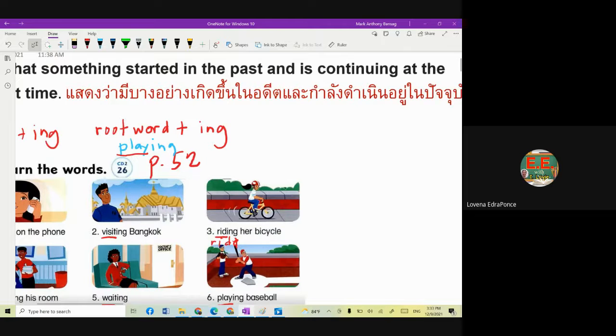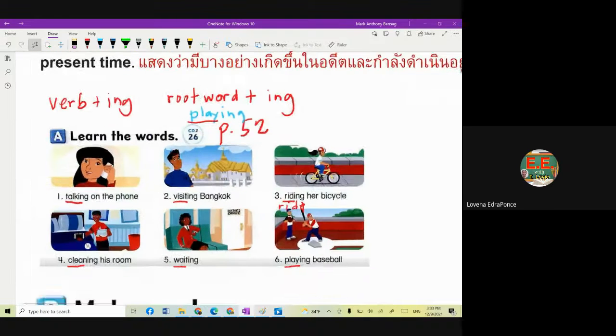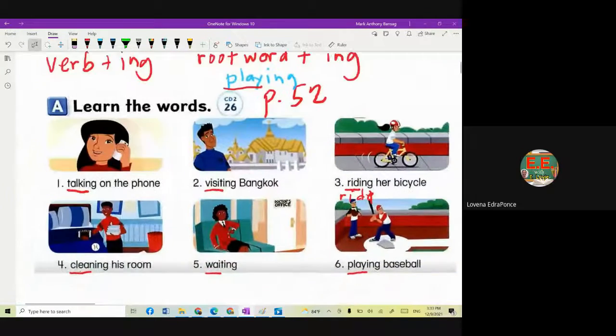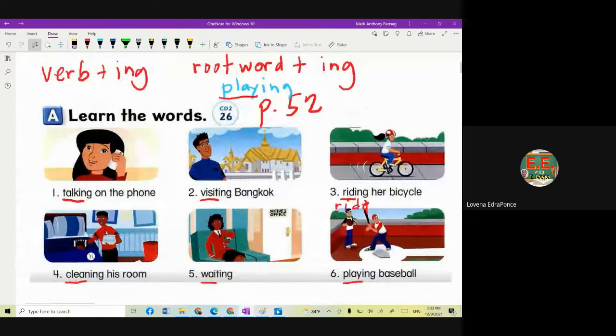So before we move on, let's learn our vocabularies. Page 52. Let's learn more. A. Learn the words. Number 1. Talking on the phone. Number 2.